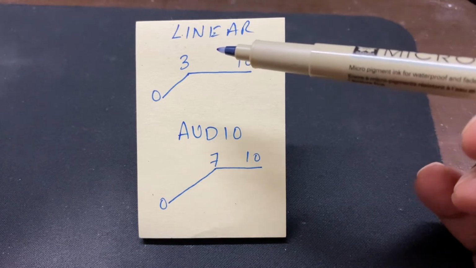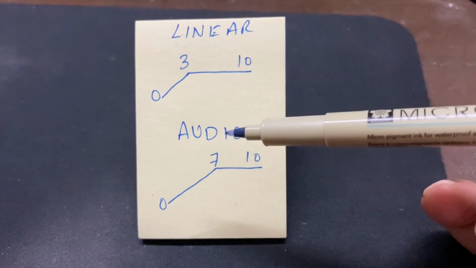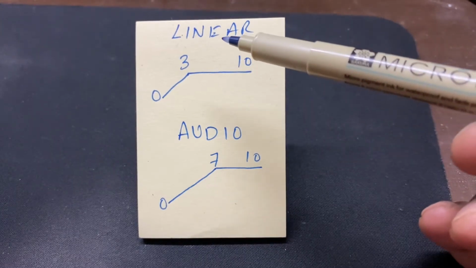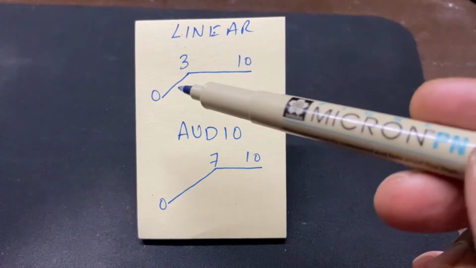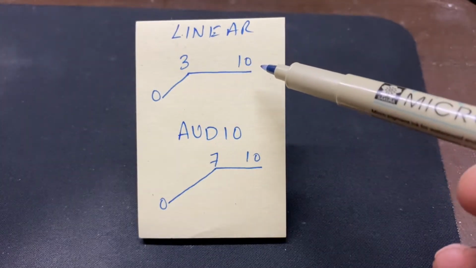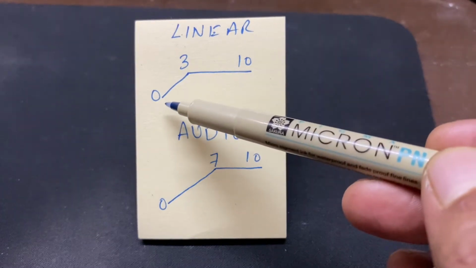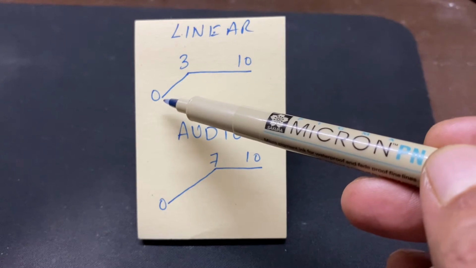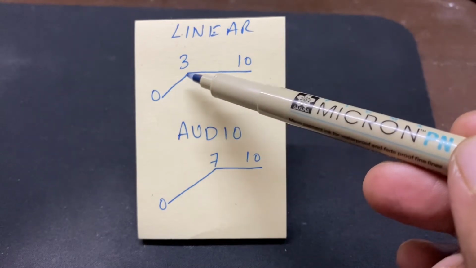So by looking at this particular post-it here, you can see there are two types. There's a linear and there's an audio potentiometer, also called a logarithmic potentiometer. In a linear potentiometer, if the knob was at 0 and you moved from 0 to 10, you would notice that the effect would be maximum between 0 and 3.